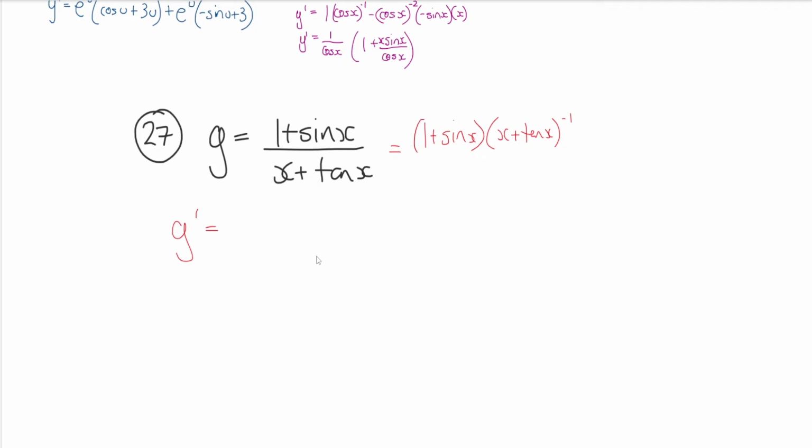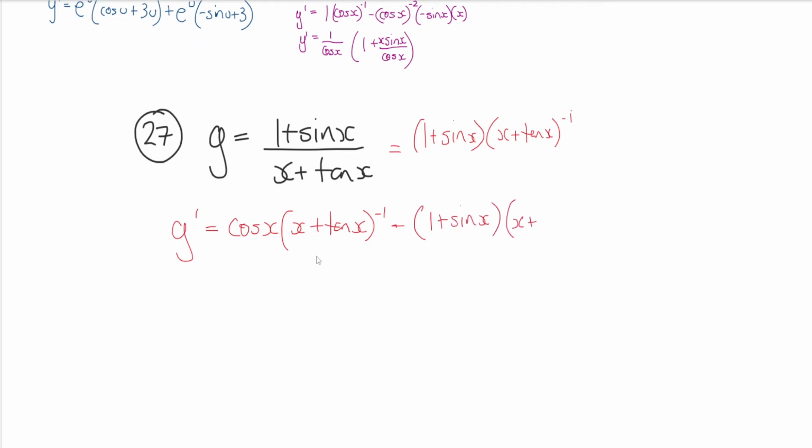So let's do derivative of the first, which is just cos itself, and then the second one we have to keep the same. And then minus, because of this minus here coming down, and so we get 1 plus sine x, got to keep that one the same.